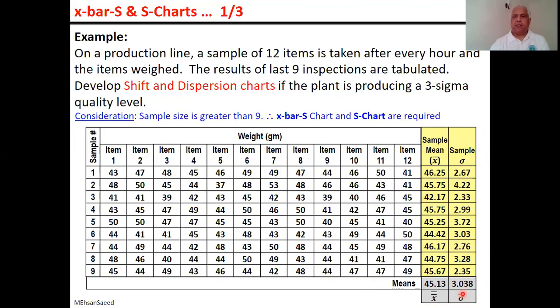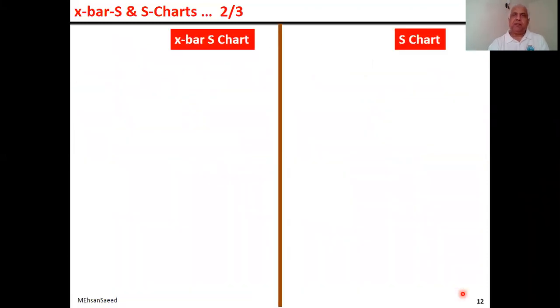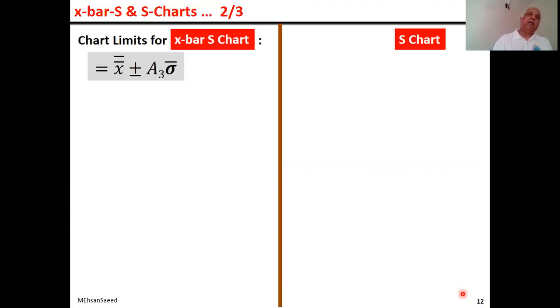So again, the rest of the procedure is exactly the same as for the previous one, except that we have slightly different formulas. Instead of A2, we have A3, and instead of D3, D4, we have B3, B4, as shown here. These are the limits of the X bar S chart. That means X bar with standard deviation.